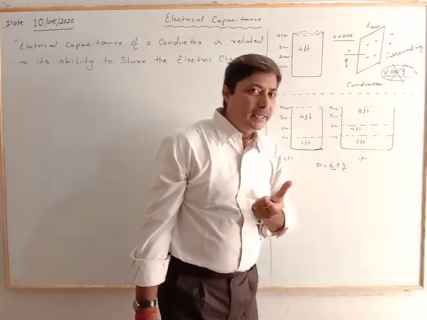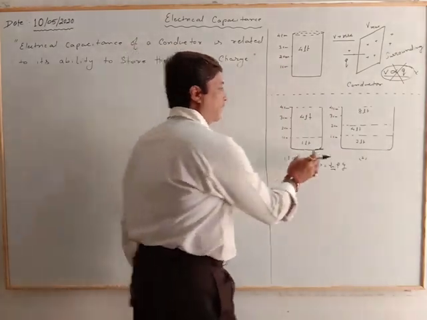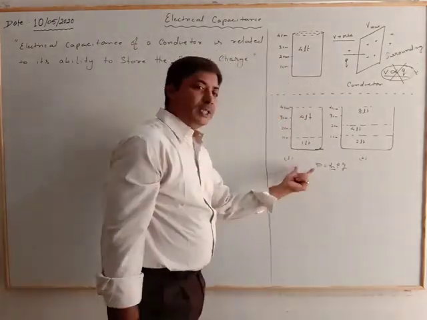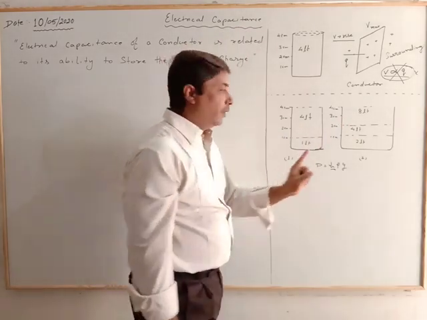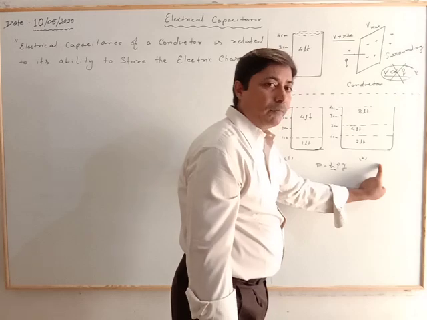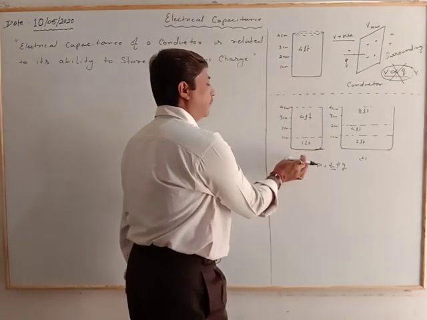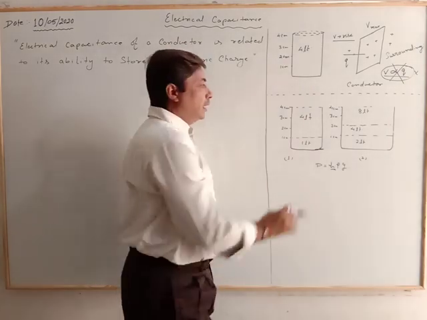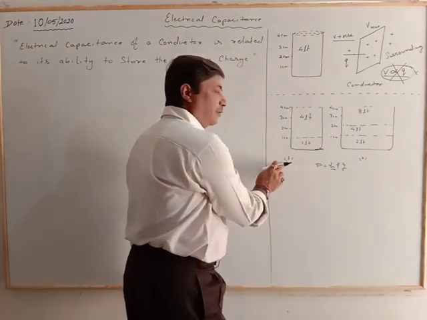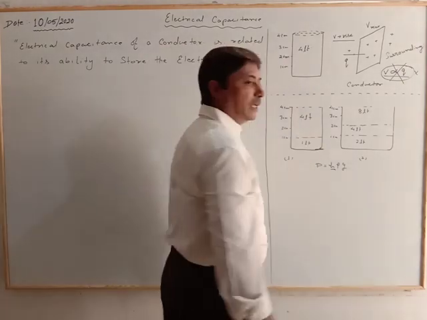How can we understand? In that case, we consider two beakers, two containers of the same height, 4 centimeter, but one has a broader base. The earlier one, beaker number 1, contains 4 liter only.